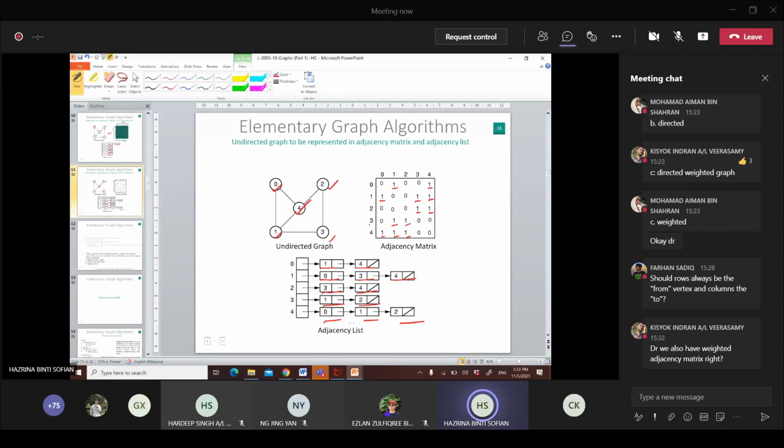I read it just now, it is at section 22.1, right? Okay, so this is how you're going to present the graph.